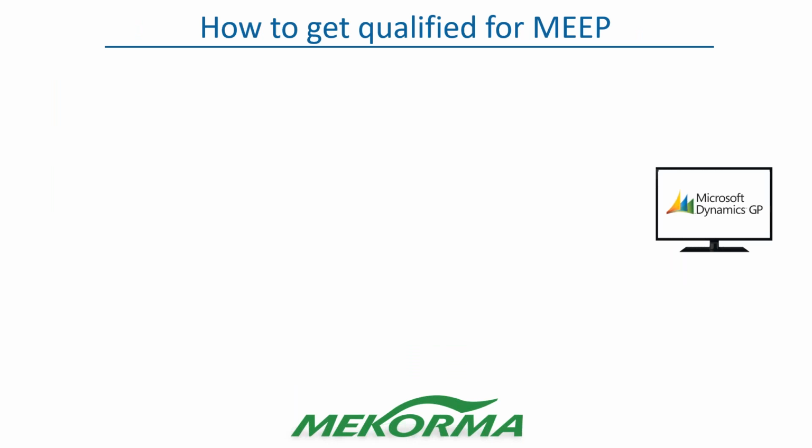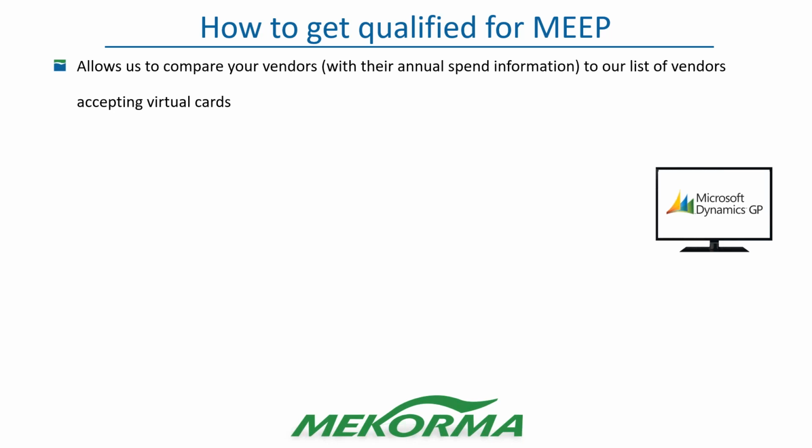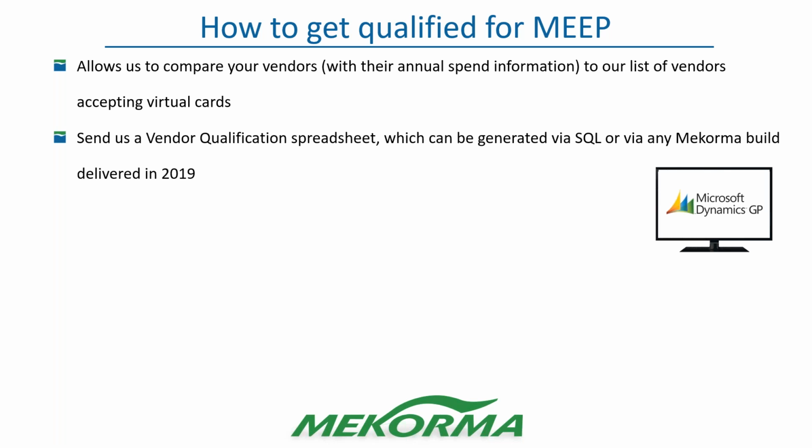Now, how do you get qualified for the electronic payments? In order to get qualified, what we typically ask for is a copy of all of your vendors with their AP spend. Once we get that, we compare that list to a list of vendors that we already know accept the virtual credit card as payment.